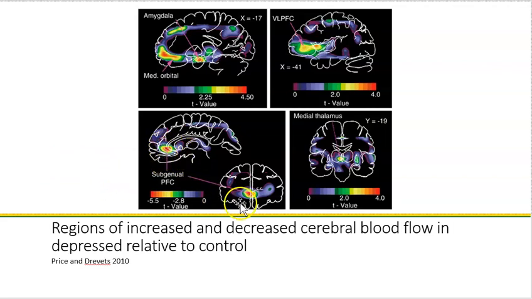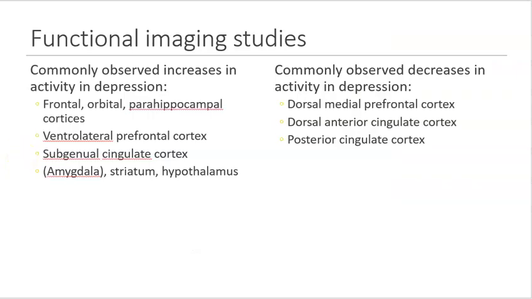The colors indicate the change. 0 would be no change, and the brighter the color, the more change there is between the non-depressed and depressed individuals. So really, this was just to show that we can use functional imaging studies, very popular in human studies, but we can also use it sometimes in some animal studies as well.